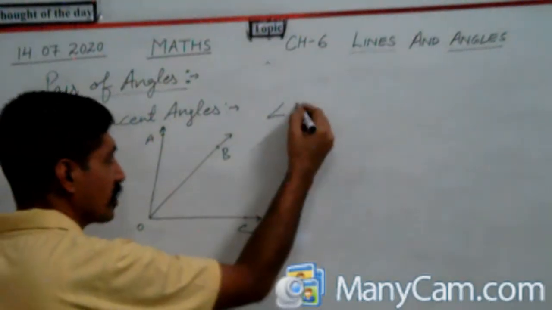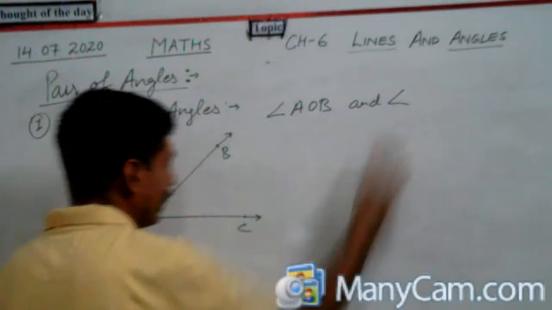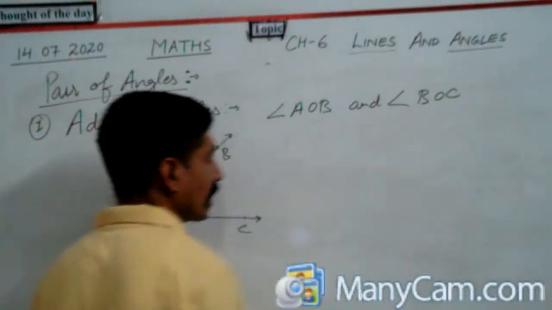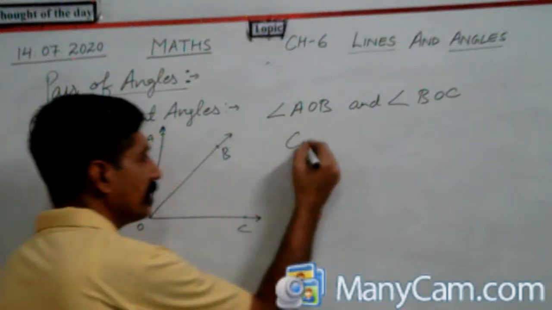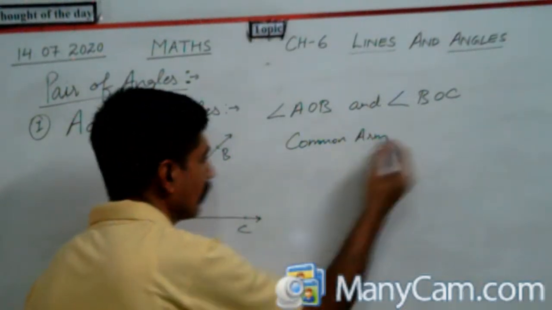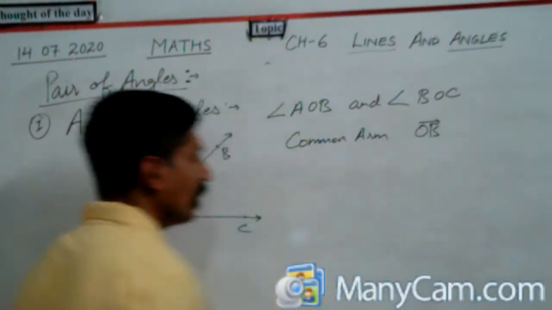We have two angles. One is AOB and the other angle is BOC. So the common arm is OB. OB is the common arm.